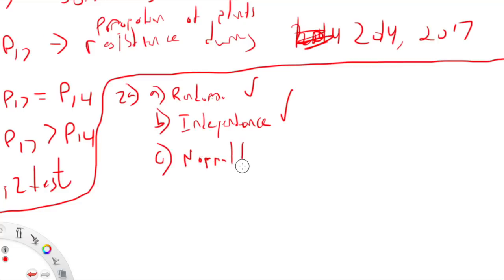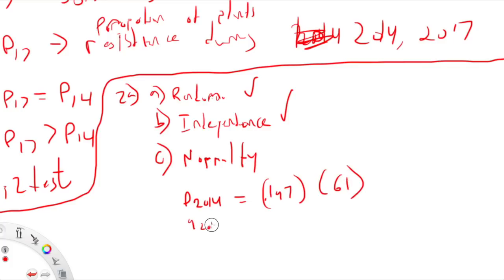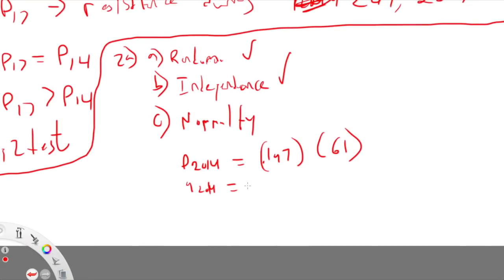I don't know if I mentioned that at first, but that's what we're checking for in the third one. And so to do that, we would take P of 2014 and set that to 0.197 times 61, and then Q of 2014 is going to be equal to 0.803 times 61, or 1 minus P, right?